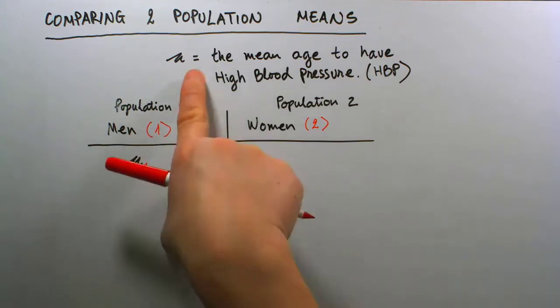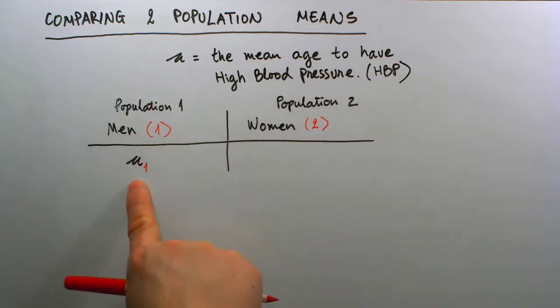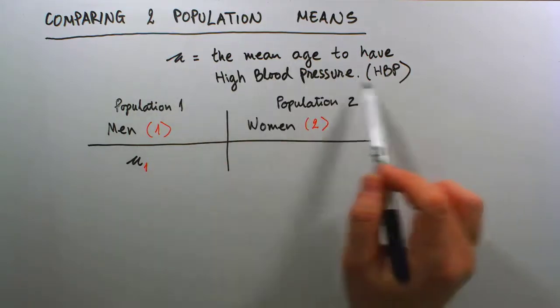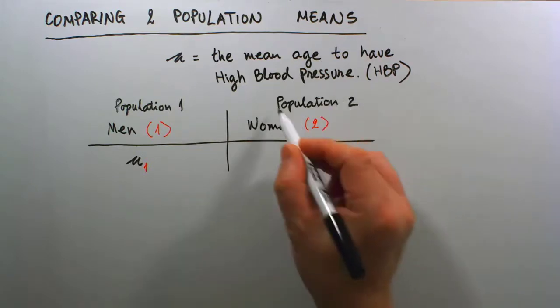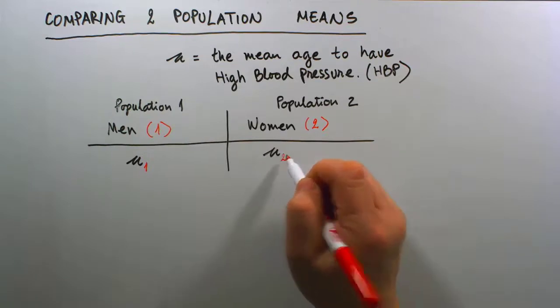So the mean age to have high blood pressure within the man population is called mu 1. Similarly, that same mean value, the mean age to have HBP in the woman population, regarded as population 2, we call mu 2.